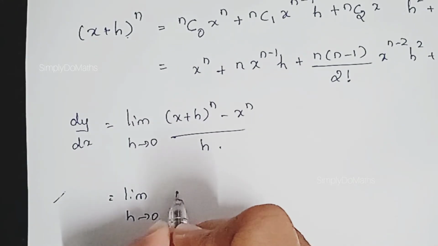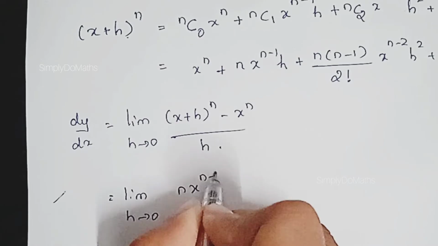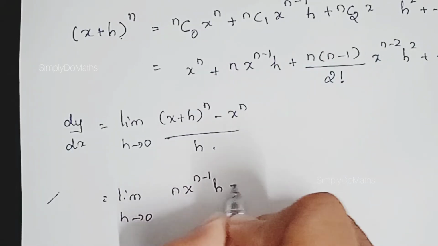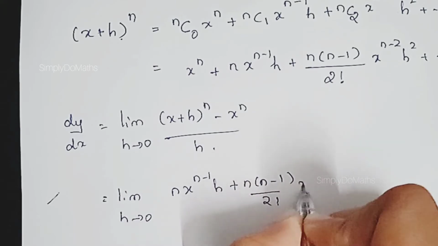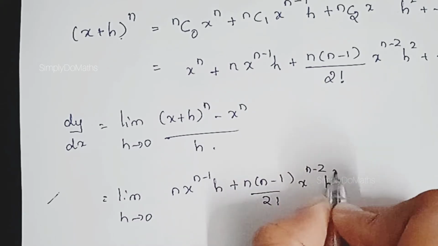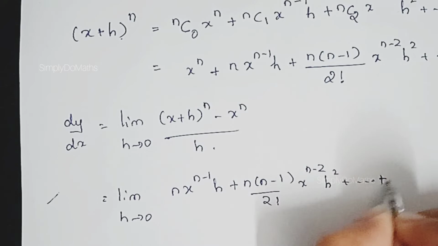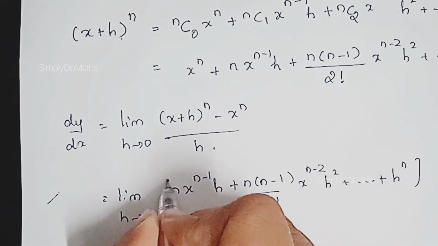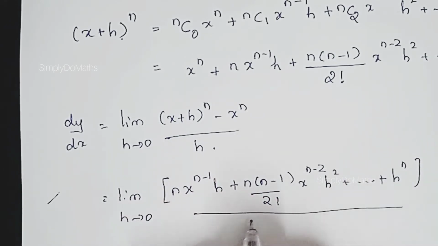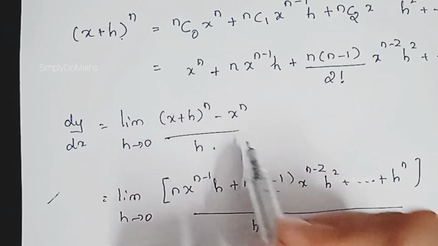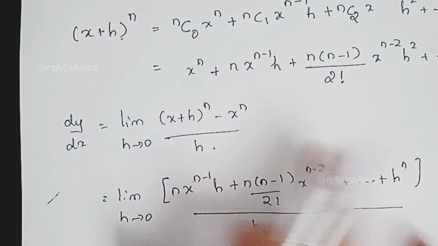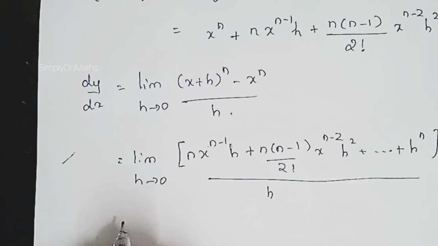We are left with n into x raised to n minus 1 into h plus n into n minus 1 divided by 2 factorial x raised to n minus 2 h square, and so on up to h raised to n, right? Whole divided by h. This x raised to n and this x raised to n will get cancelled together. So I leave the terms and write them down.